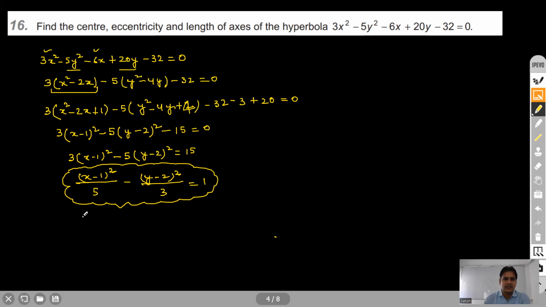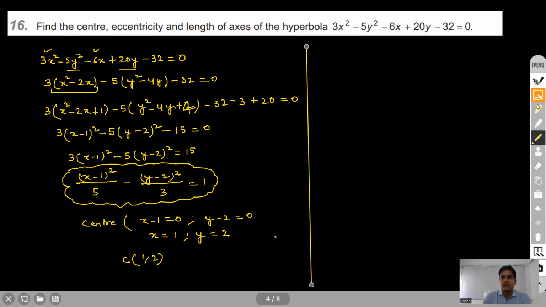This is what is asked in the question. So the center of this hyperbola will be x minus 1 equal to 0 and y minus 2 equal to 0. That is nothing but x is equal to 1 and y is equal to 2. So our center will be 1, 2. Okay. Our center will be 1, 2.